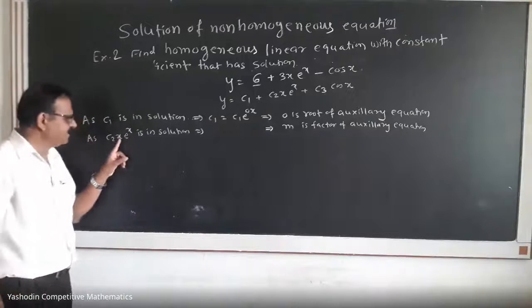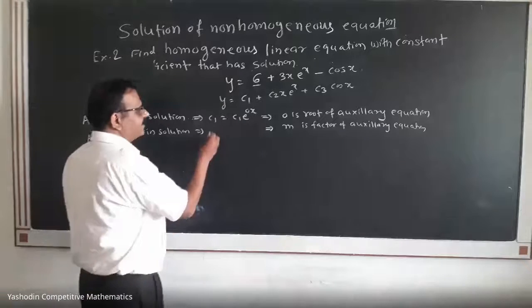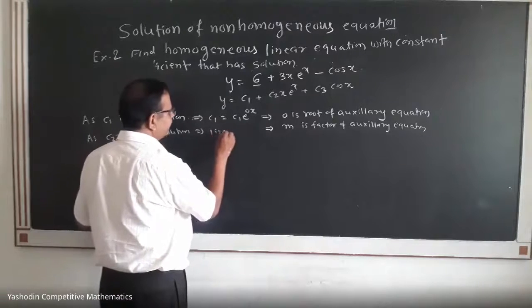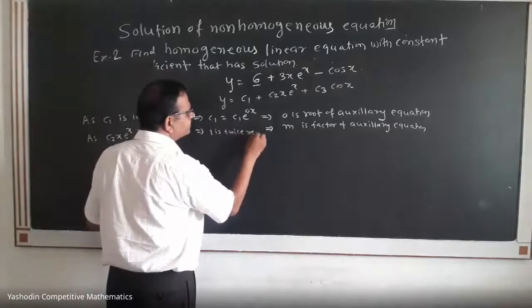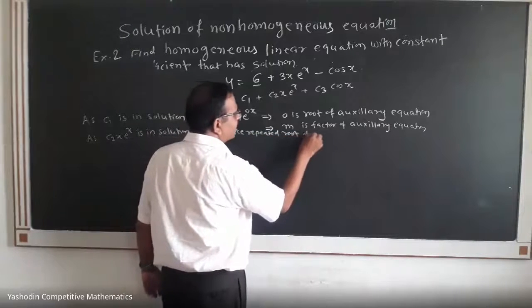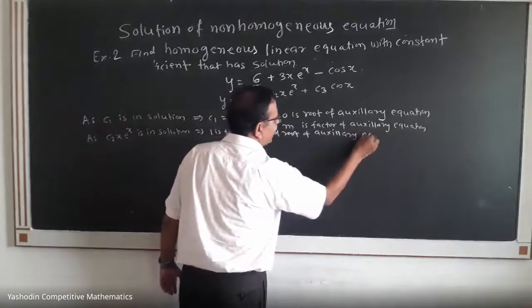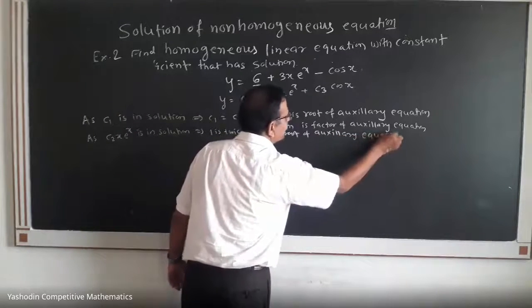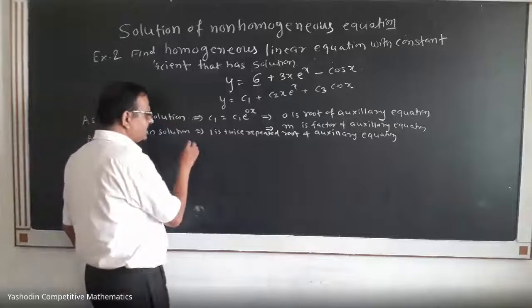Therefore, as here the term x e raised to x is there, we know that 1 is a twice repeated root of the auxiliary equation. And as this 1 is twice repeated, what does this imply?